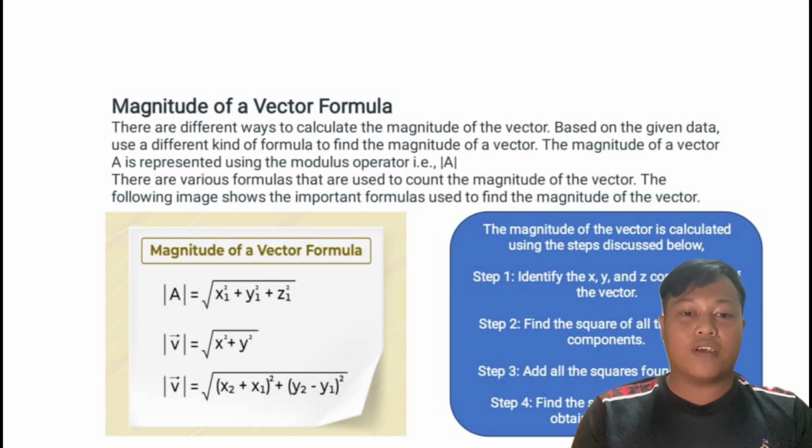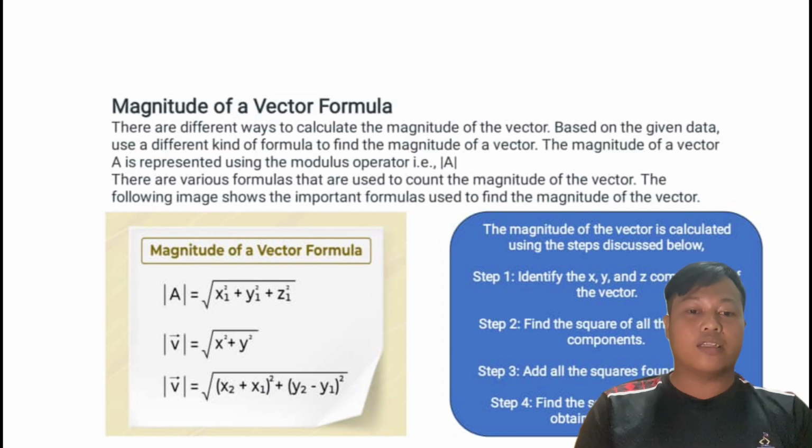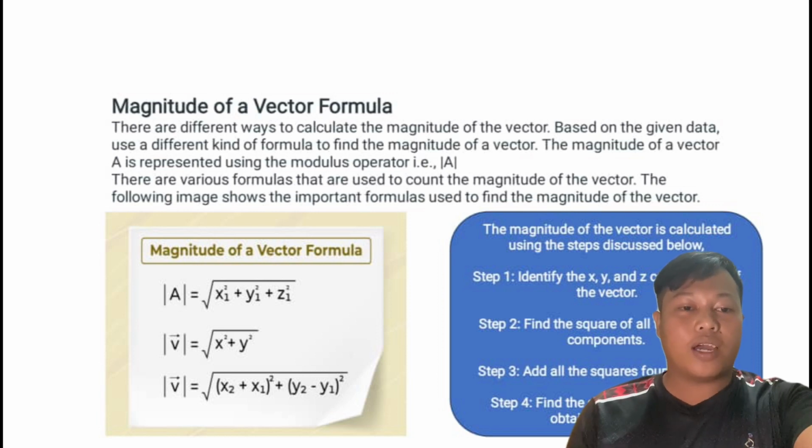The magnitude of the vector is calculated using the steps discussed below. Step 1. Identify the x, y, and z components of the vector. Step 2. Find the square of all the x, y, and z components. Step 3. Add all the squares found in step 2. And step 4. Find the square root of the sum obtained in step 3. Now we are going to the next slide.